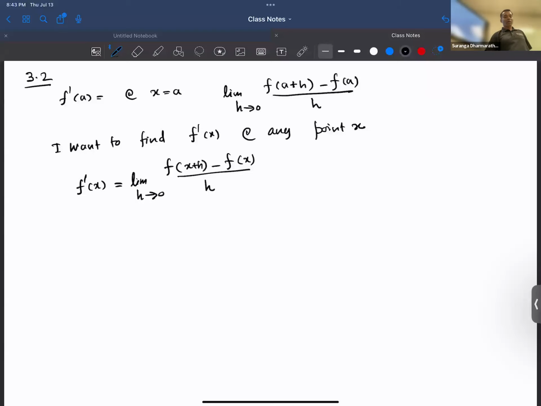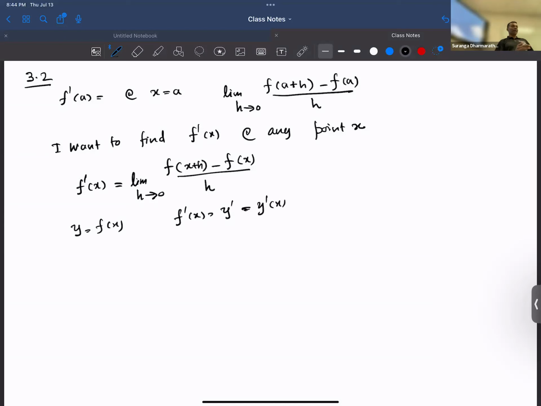Now, sometimes you see that y equals f of x. Along the same line, you can say f prime x is equal to y prime, sometimes called y prime x. These are notations, nothing big.